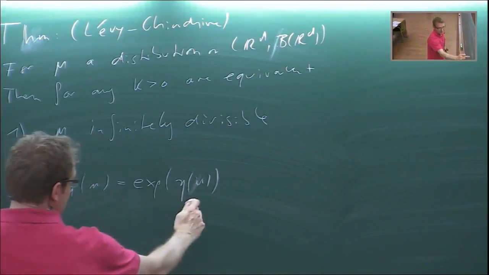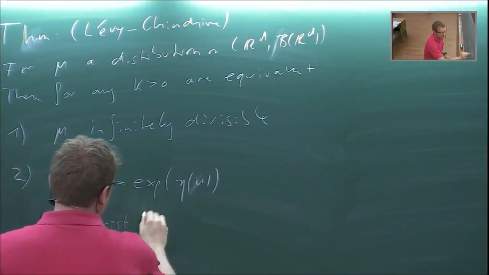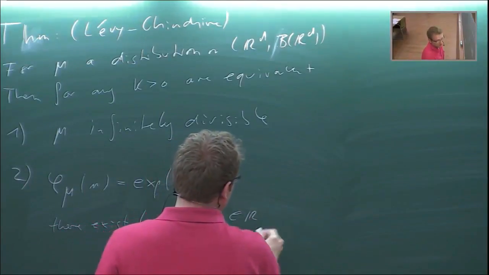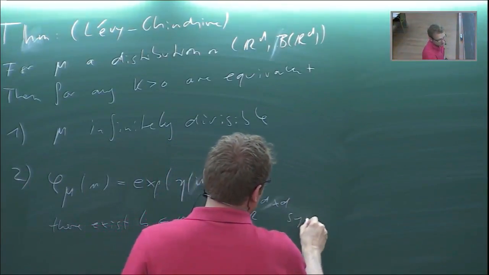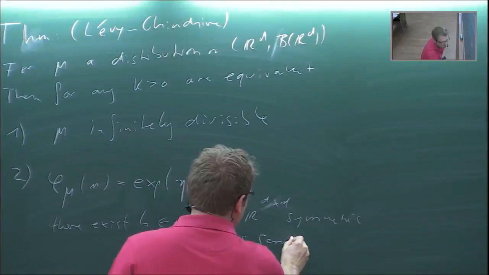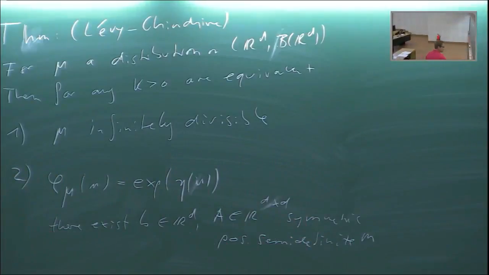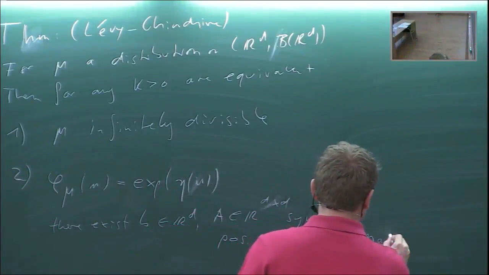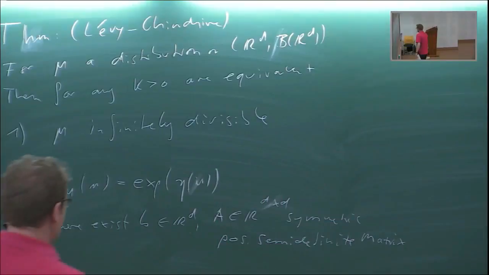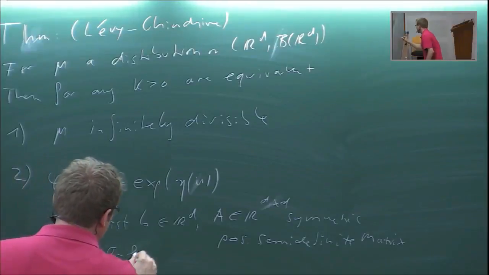It has this exponent eta, and there exists a vector b in R^d, a symmetric positive semi-definite matrix A, so this corresponds to the Gauss case here, and we have a measure nu, a sigma finite measure.